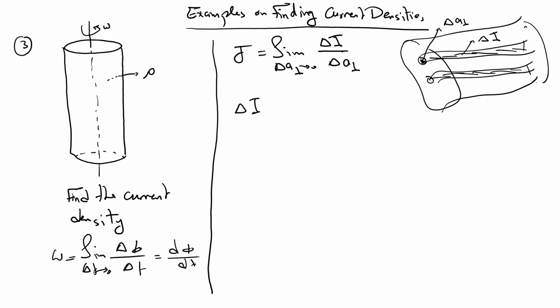So what's delta I? Again, this is how much current is within every pipe. So in this particular example, how do the pipes look? Well, the charges are rotating, and they are rotating in 3D. So your pipes are actually circular pipes like this.